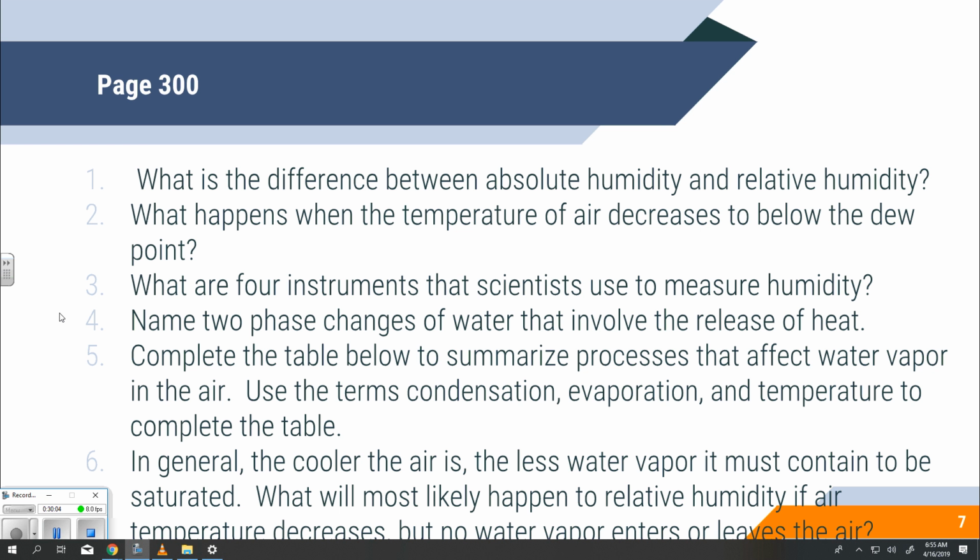Question 5, worth 4 points. Top right box: if vapor pressure increases, then the rate of condensation increases.